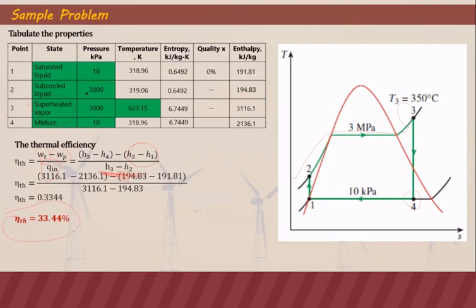So for this cycle with a boiler pressure of 3 megapascal, superheated vapor temperature of 350 degrees Celsius, and a condenser pressure of 10 kPa, the thermal efficiency is 33.44%. We are going to compare this with another modification.